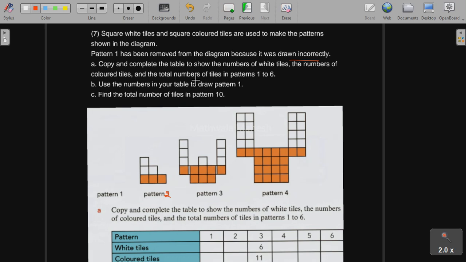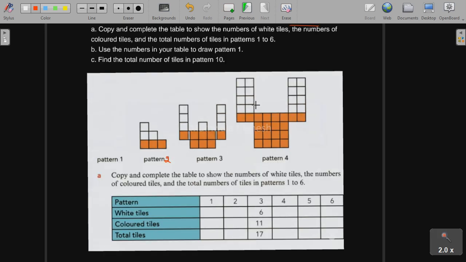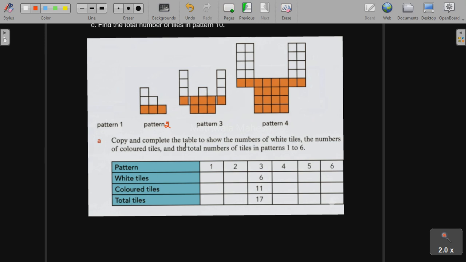So copy and complete the table to show the number of white tiles and number of colored tiles. Okay, doing the first question. Okay, we have pattern 2. So in pattern 2, the number of white tiles is 1, 2 and 3.